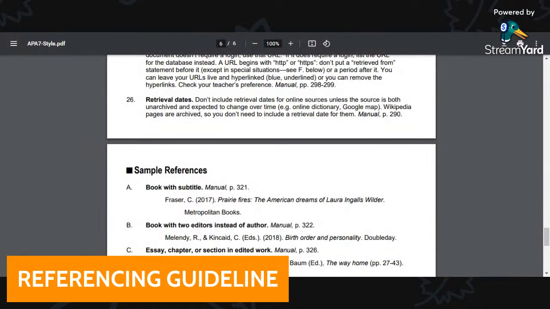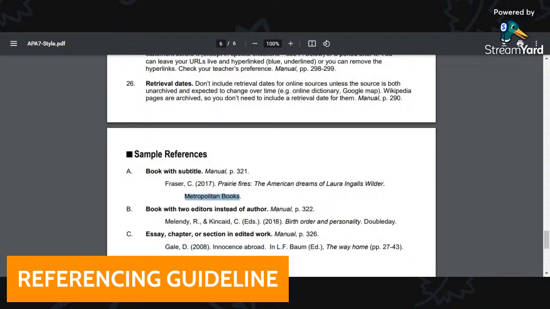A main thing to keep in mind is that the first line should start at the left margin, and the second, third, or fourth line, the rest of the lines of your reference, should be indented half an inch toward the right side. It is also a very essential guideline. We always make mistakes in this.